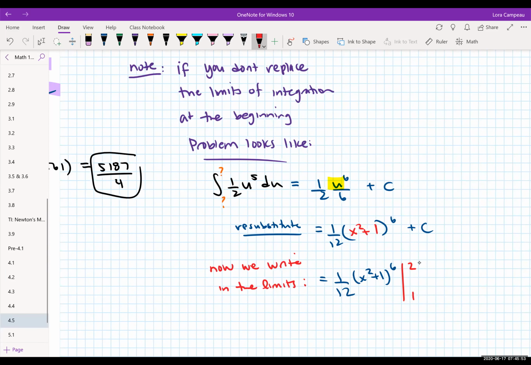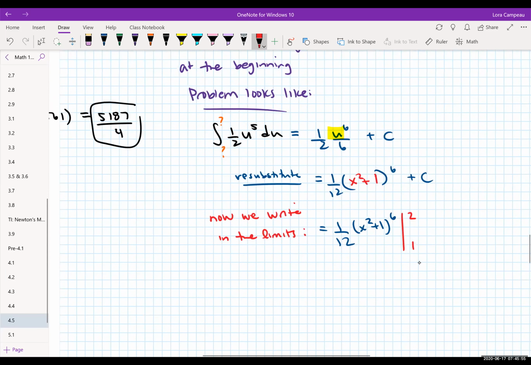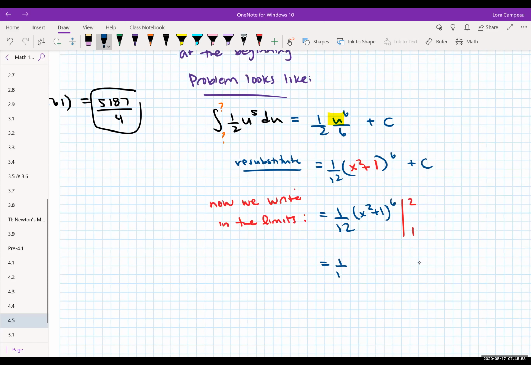And then if you want to take it through, it's the same thing. What do we get? 1/12. The fundamental theorem of calculus says we're taking x squared plus 1 to the 6th minus another x squared plus 1 to the 6th. And what were those limits of integration? 2 and 1.